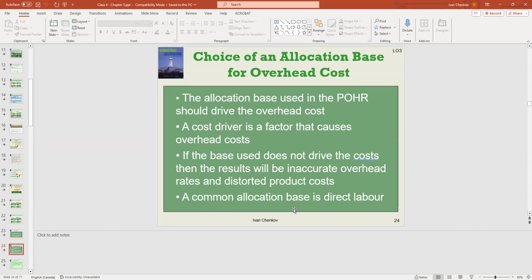At the end of the day, you have to understand that the reason we have manufacturing overhead is because it's easy to see direct material and direct labor, but it's hard to see all the other manufacturing costs, which are hard to trace to the product.